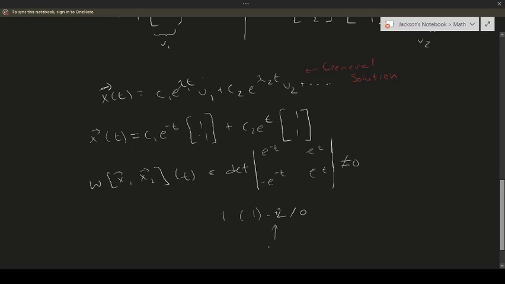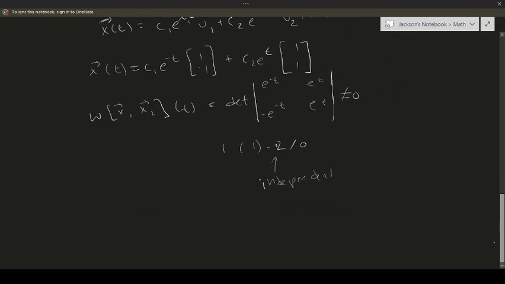So we can say that they are independent. I don't know what's going on with my pen, but it's getting annoying.